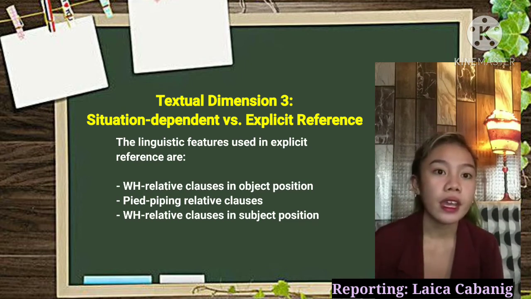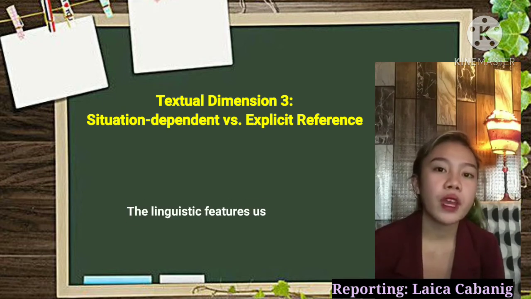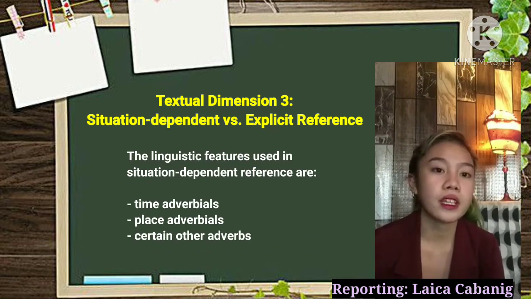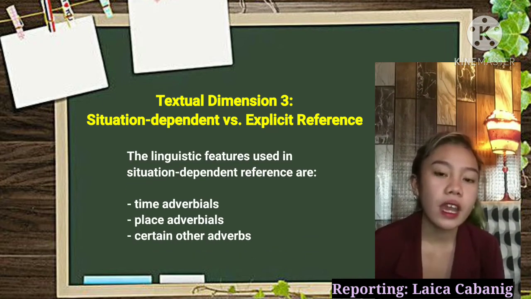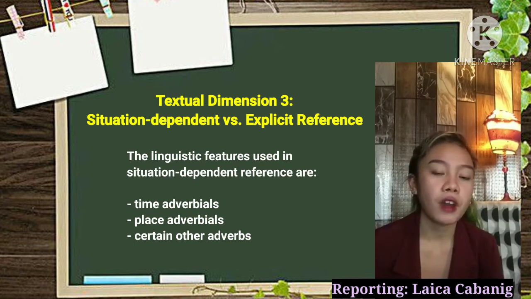In contrast, the features with negative weights are time and place adverbials such as later, yesterday, above, and certain other adverbs, which are markers of reference to times, places, and events that can only be correctly interpreted if the addressee has enough knowledge about what is intended, such as see above.